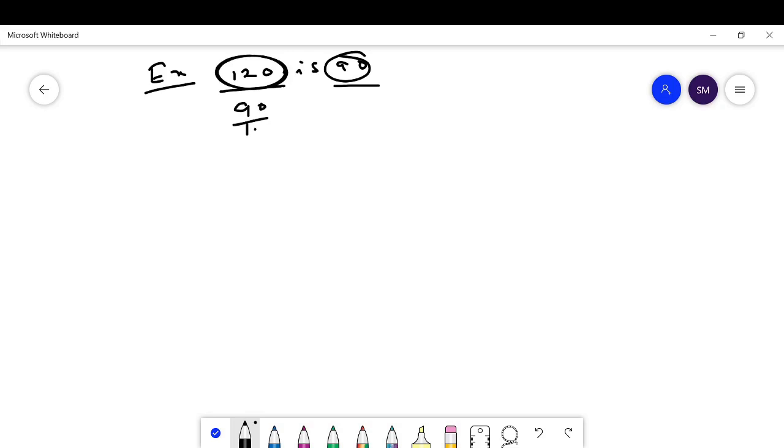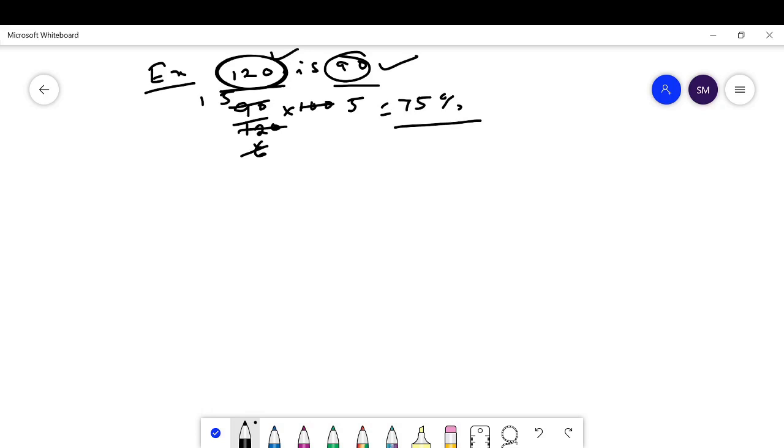This means 90 upon 120 into 100. Then this is 75%. 90 out of 120 is 75%.